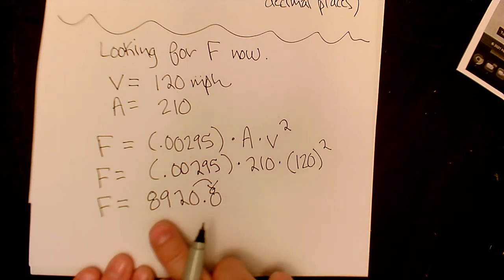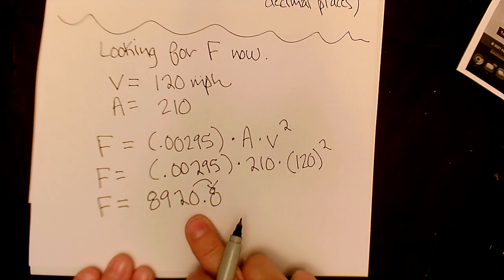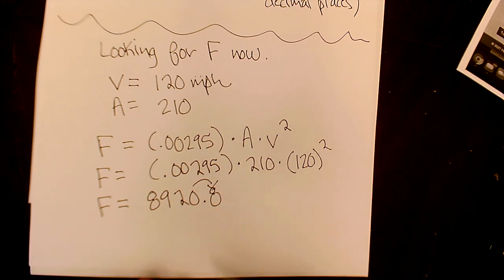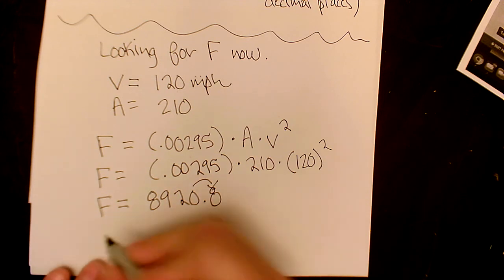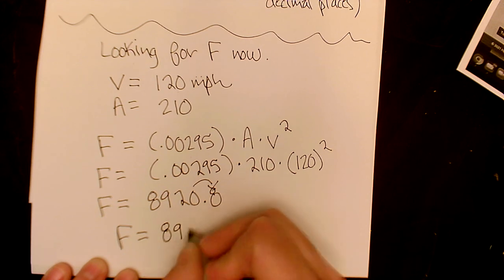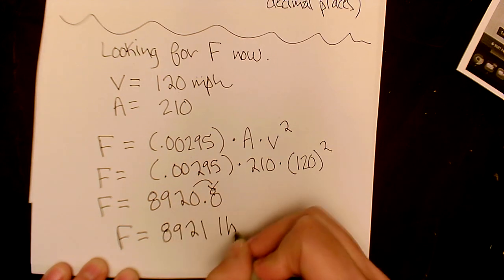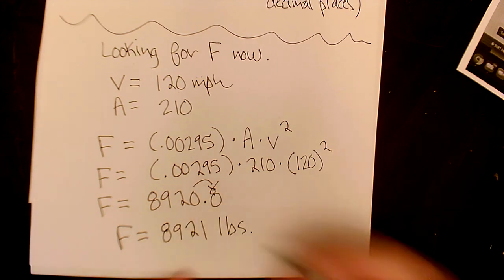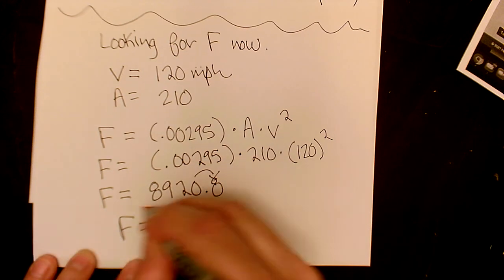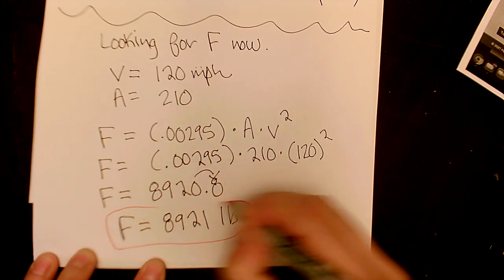So it's 8,920.8 pounds, but I need it rounded to a full pound. If I look next door, remember, 5 or better, hike it up 1. So here's my final answer: 8,921 pounds is the lifting force.